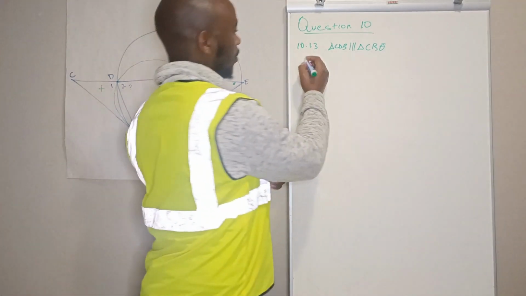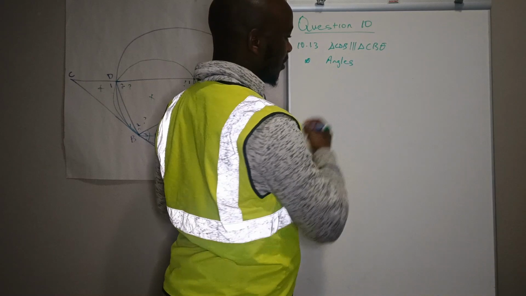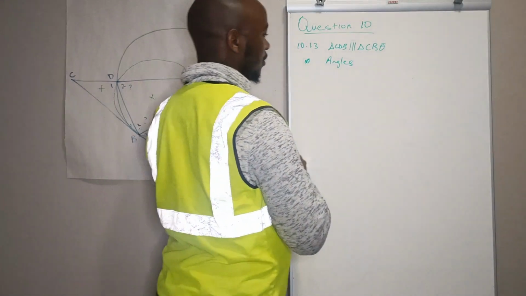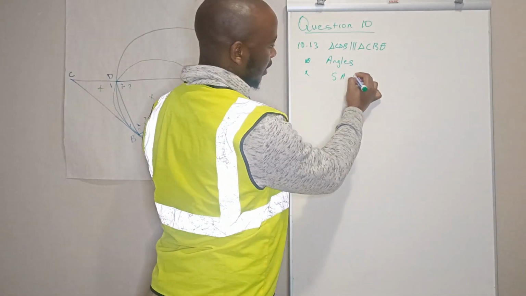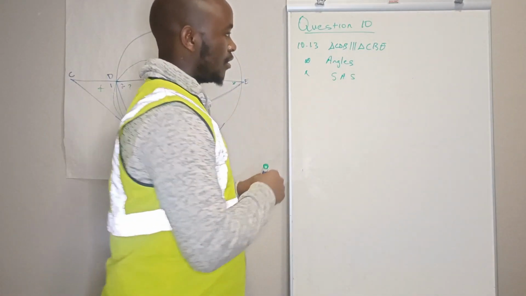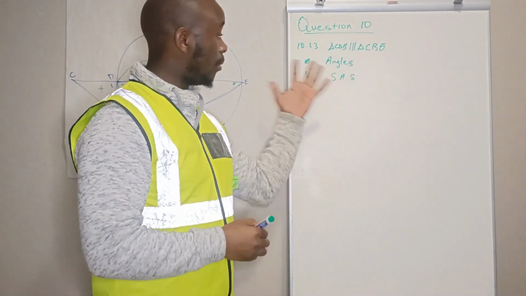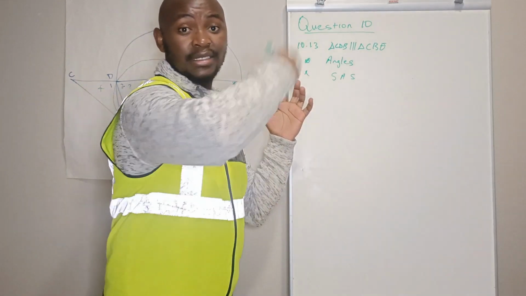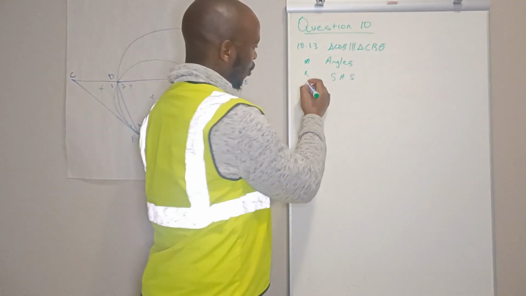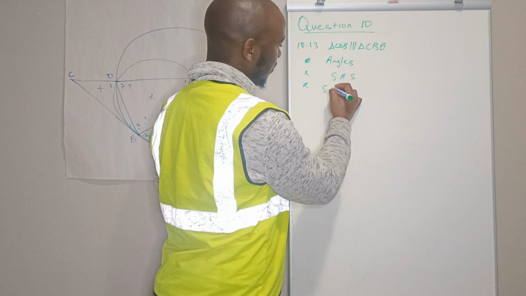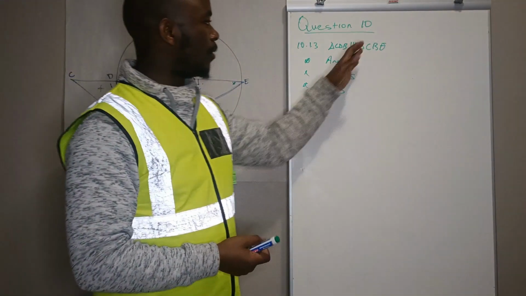We can either prove via the angles approach, so all angles. Then we can prove by side angle side, so we need to find sides and the angle in between, and prove that those are related to the other triangle. Or we can go with side, side, side, so we go about proving proportionality.